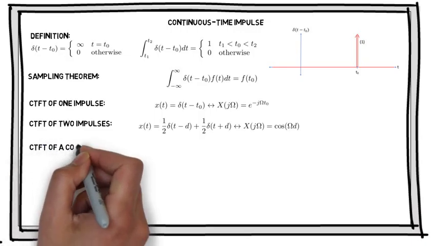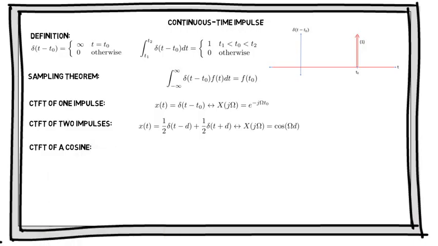And actually quite a bit more useful, if we have an infinite length cosine, this is a signal that has an infinite total energy, and so its total energy in the frequency domain will also be infinite. And in fact, its total energy in the frequency domain is infinite because it's composed of a pair of impulses.